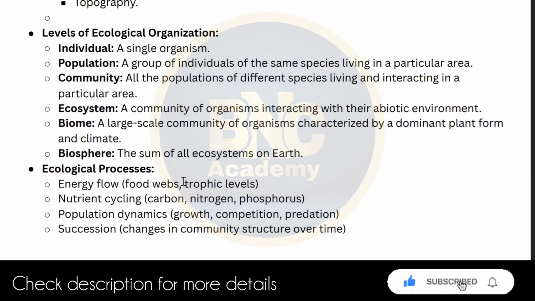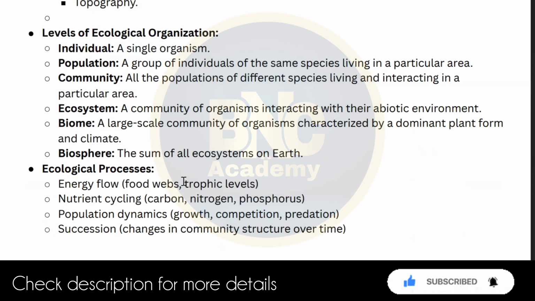Let's see the dynamic processes. Ecosystems are not static. They're constantly changing. Ecological succession describes the gradual process of change in a community over time. As species replace each other, for example, after a wildfire, pioneer species like grass may colonize the area first, followed by shrubs and eventually trees.